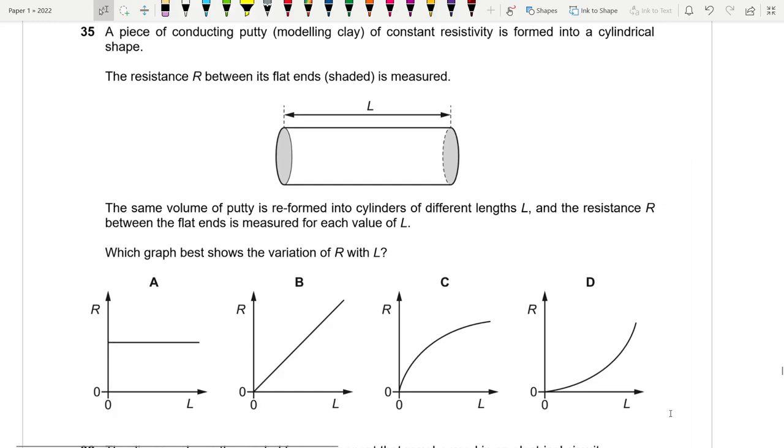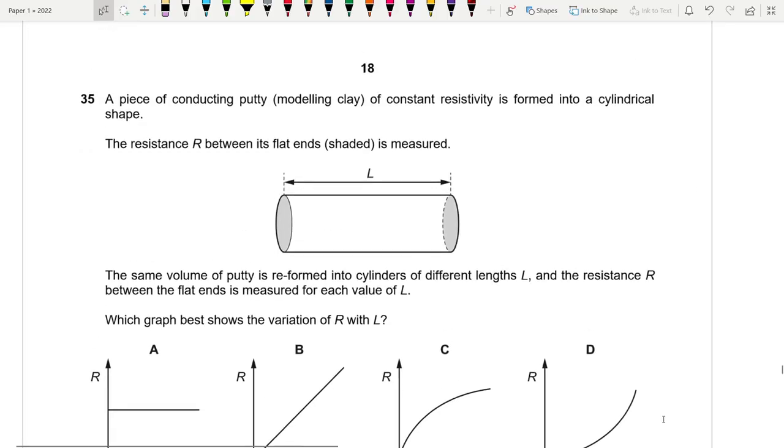Alright. I didn't get the question at first. A piece of material of constant resistivity is formed into a cylindrical shape. We know that R is equal to rho L by A. That's the formula.